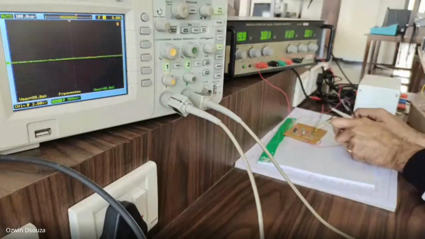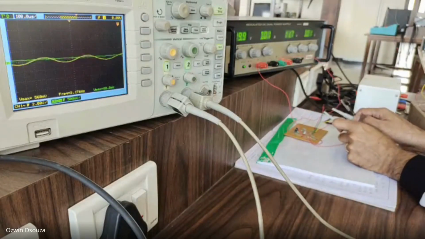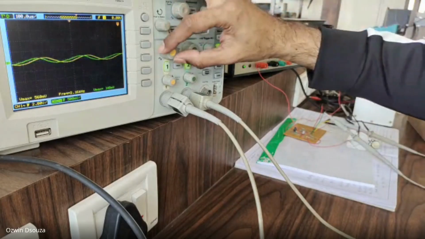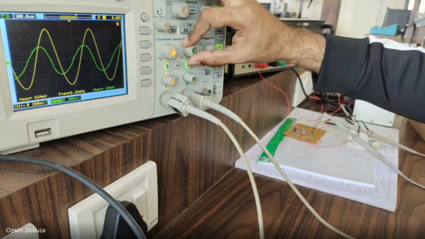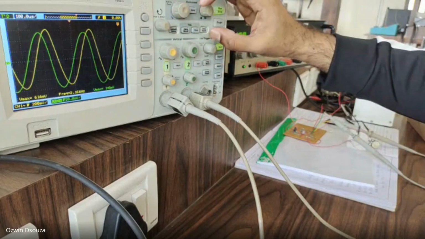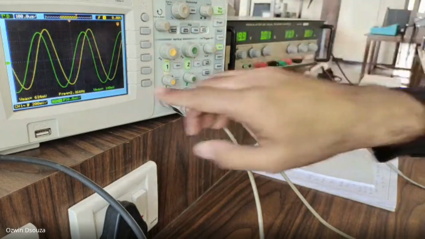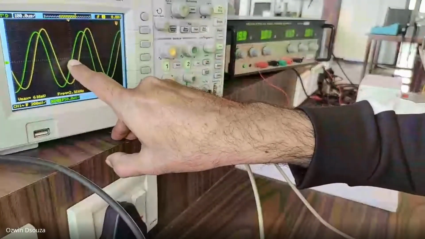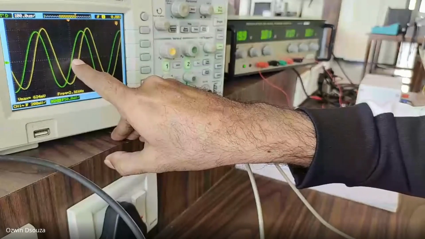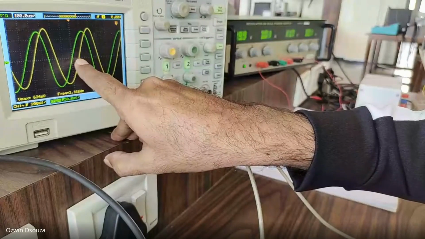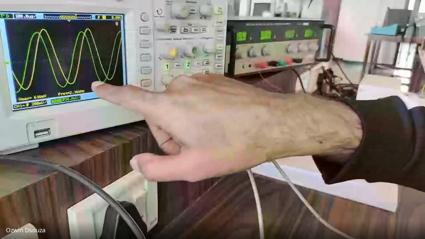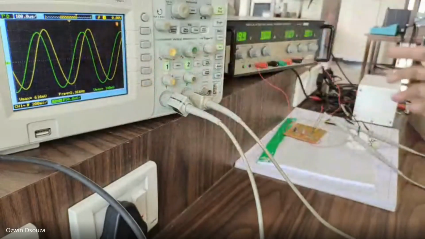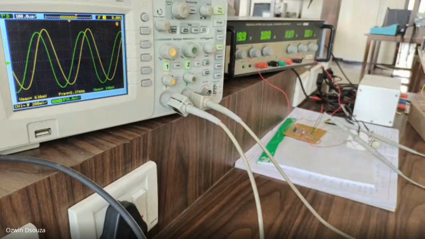Now let me recreate the previous scenario, that is stage two. Let me increase the scale. Now you can observe that the difference between the two waveforms is again 0.8 divisions, and your green waveform is taking 4.6 divisions to complete one full cycle.